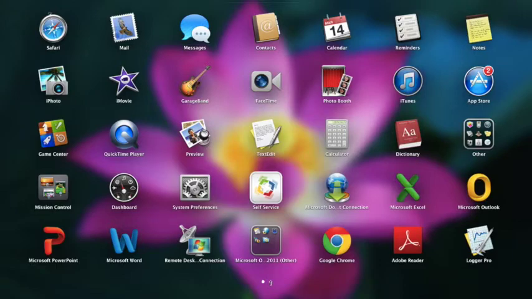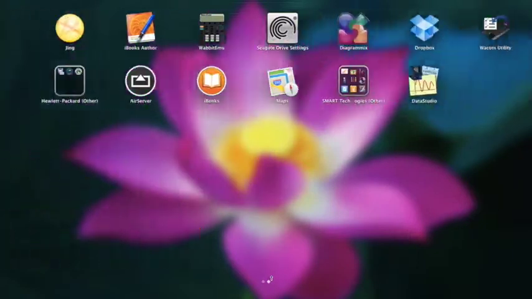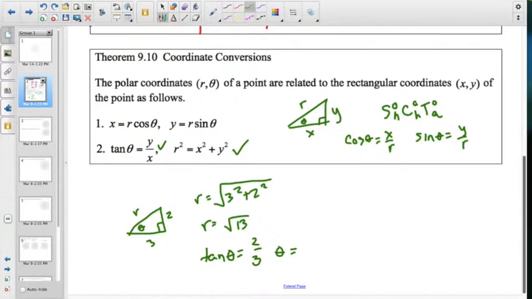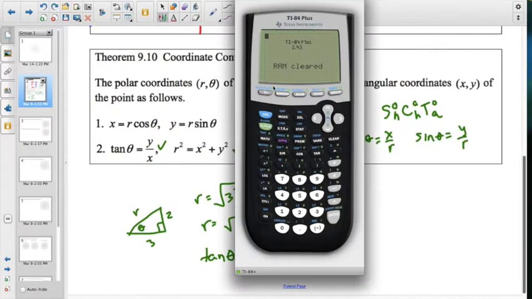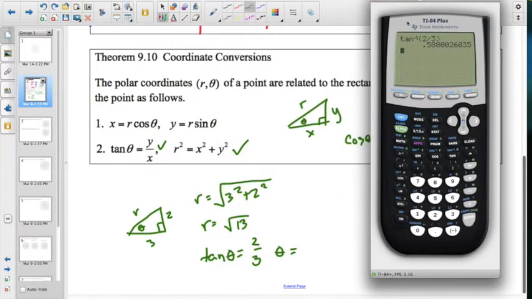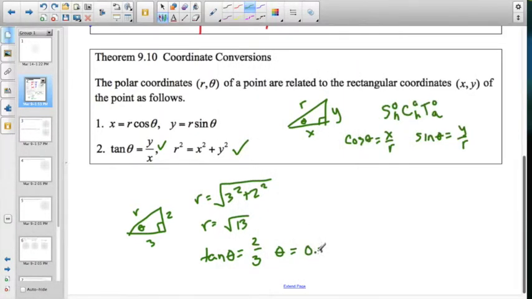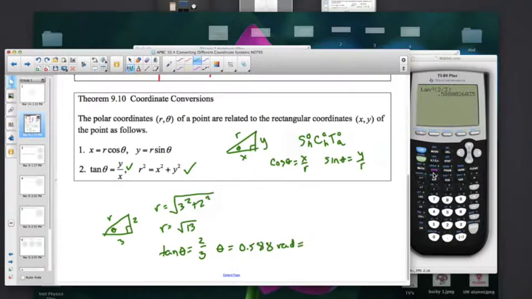So if we go ahead and do our inverse tangent of 2/3, so we're looking at an inverse tangent of 2 divided by 3. I must be in radian mode, so it's 0.588 radians, because that's one way we could express it.